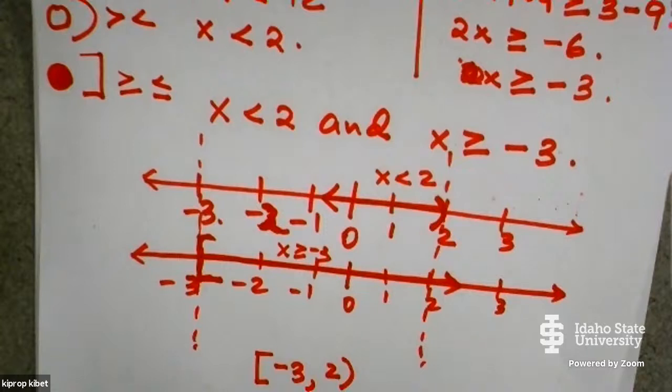So when you're writing the interval notation, it will be this bracket because of this, and then minus 3, which is this one, and then 2, which is this. And this one is what? This one is closed, and this is open.